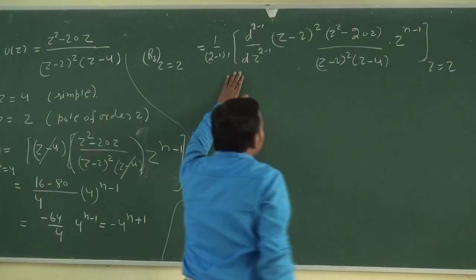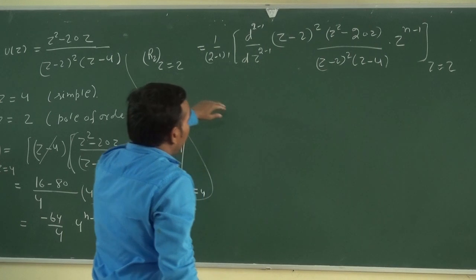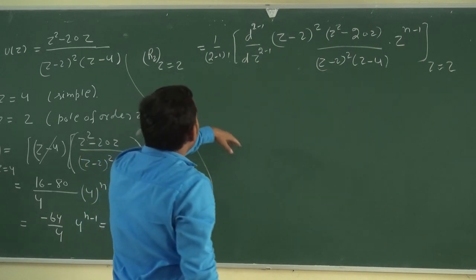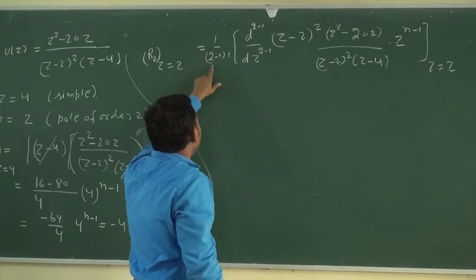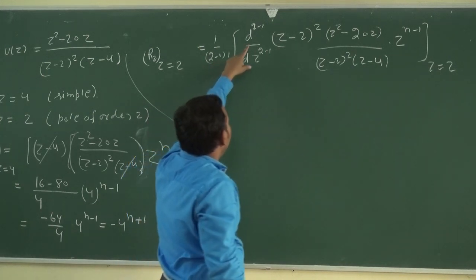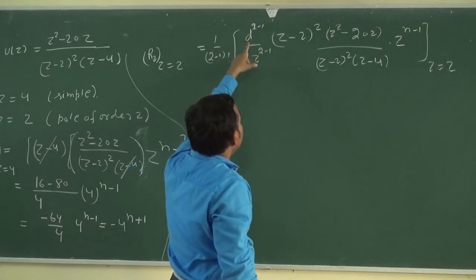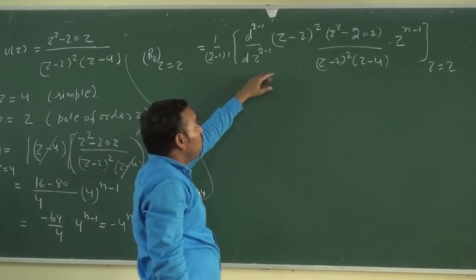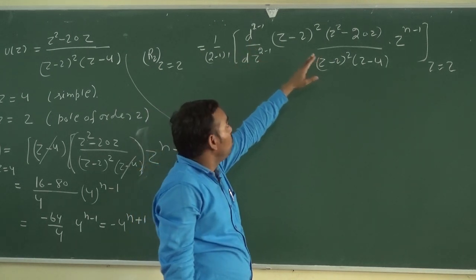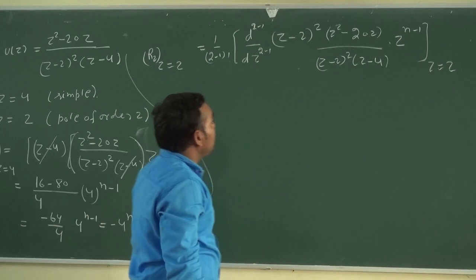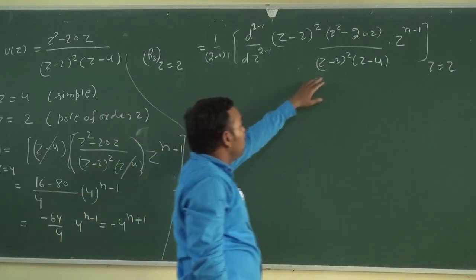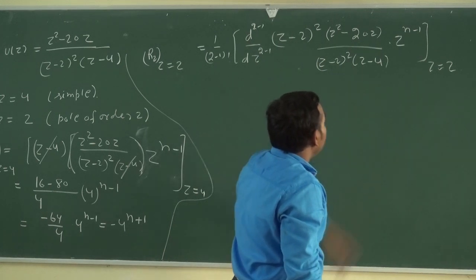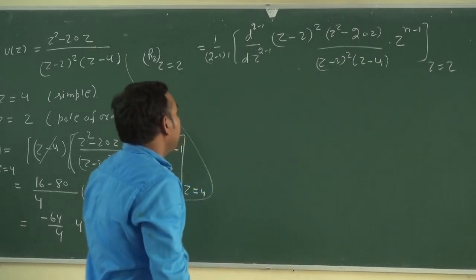This is written by the formula I described before, where r minus 1 with r equal to 2 is 2 minus 1.